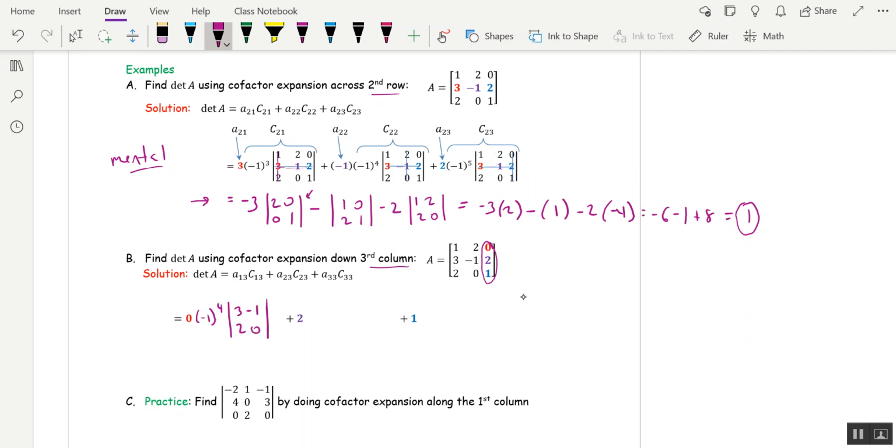And then I'll get plus 2 times negative 1 to the 5th. So my signs are going to go plus, minus, plus. And my subdeterminant is 1, 2, 2, 0. And then finally, 1 times negative 1 to the 6th. And my subdeterminant is 1, 2, 3, negative 1.